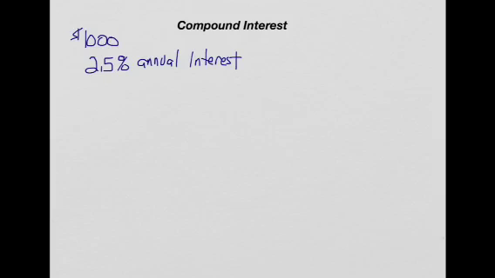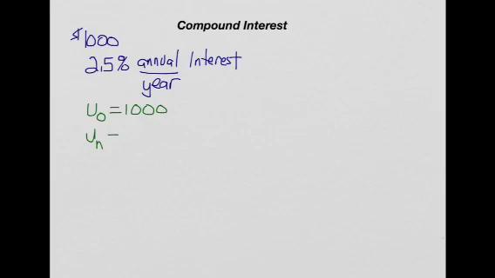When we give interest, we always give it as an annual interest, which is how much you get each year. So our recursive formula would say u sub 0 equals 1,000. We start with u sub 0 because this is before anything happens.